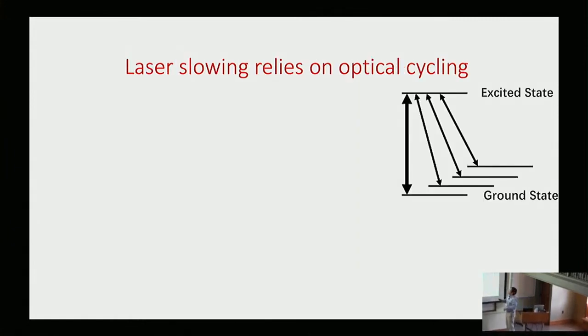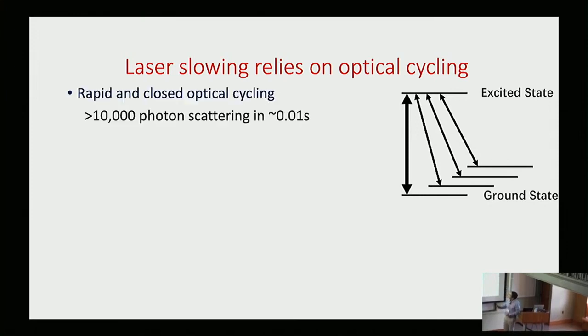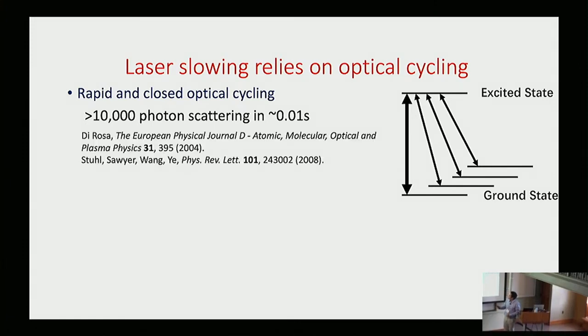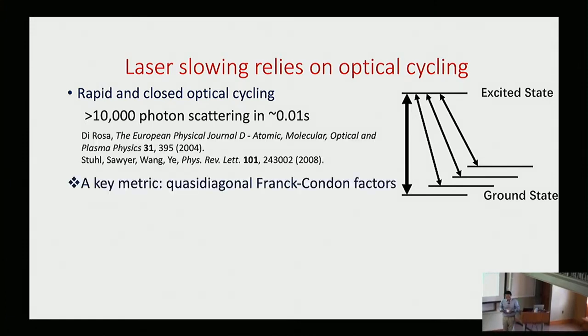Here, the laser slowing step is actually a bottleneck for many molecules, because one wants to do very rapid and closed optical cycling. So it is important to choose the right molecule for the experiment, because as you know, the laser system is molecule specific, and at the moment expensive.